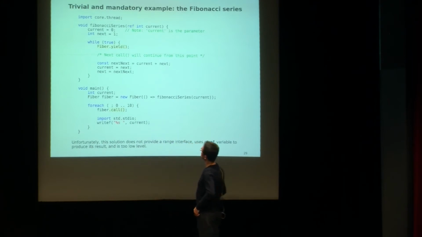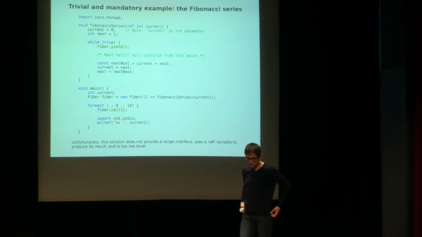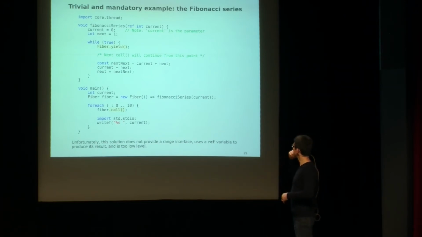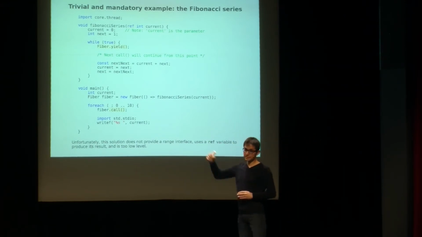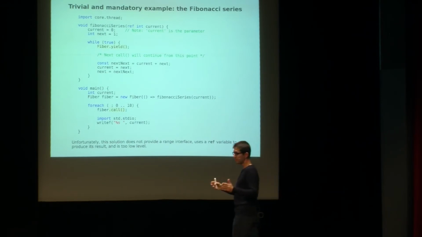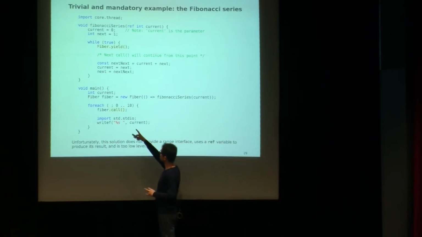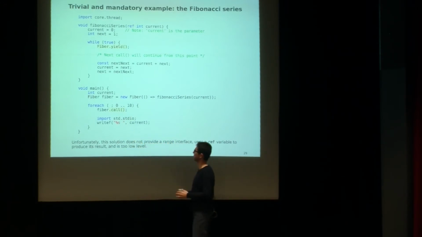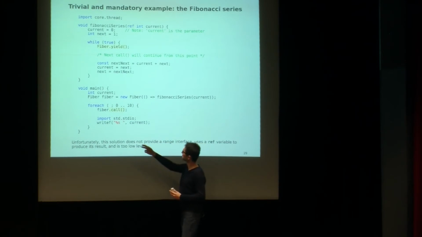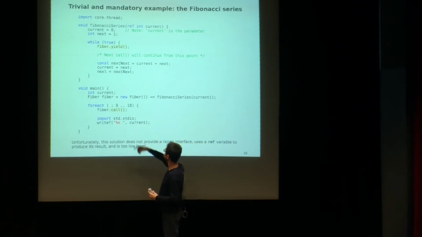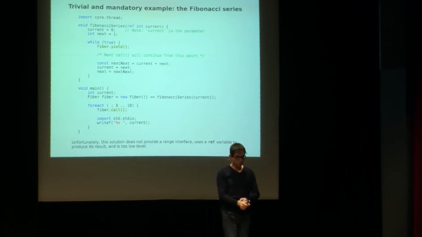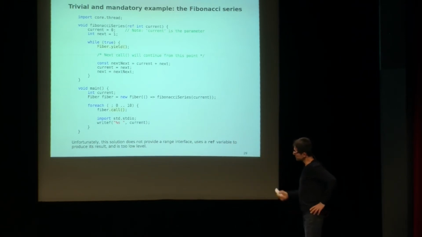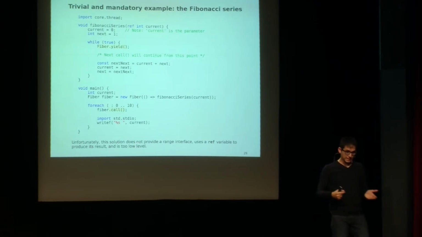Fiber continues at the point where it yielded from, and this continues. Even though the Fibonacci series has an infinite loop, because I'm calling it only 10 times, I'll get just 10 values out, and I'll be done. When I exit this scope, the fiber object will be out of scope, destroyed, or the garbage collector will do that, and I'll be done.